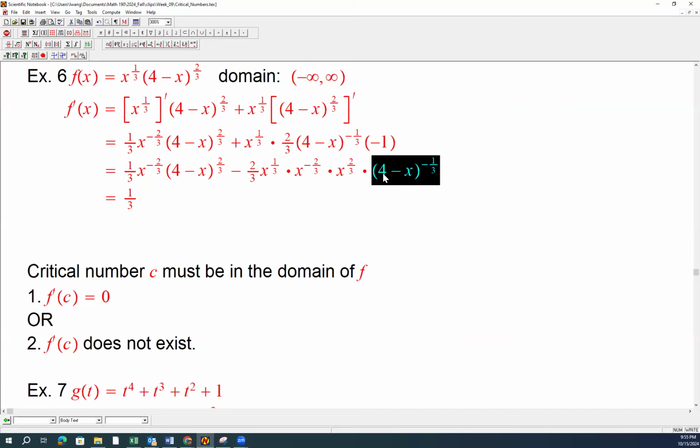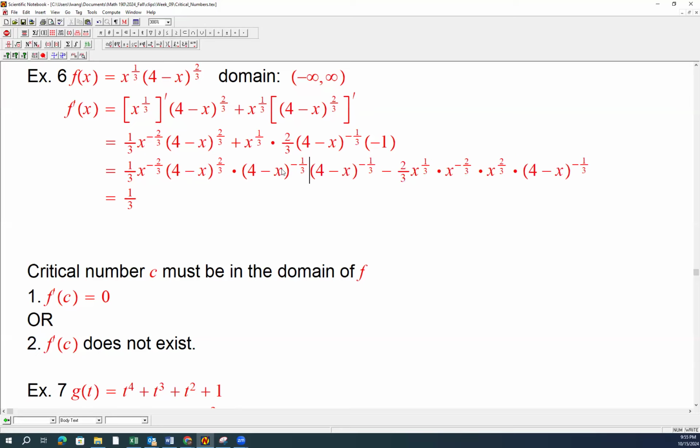And then we have another base, 4 minus x. You still choose the one with the lowest power, so 4 minus x raised to the power 1/3 will be the power of choice. We have it here, but we don't have it there. So what are we going to do? We multiply by 1 again. How is this 1 made? The same trick.